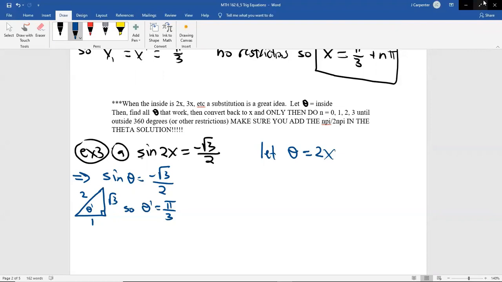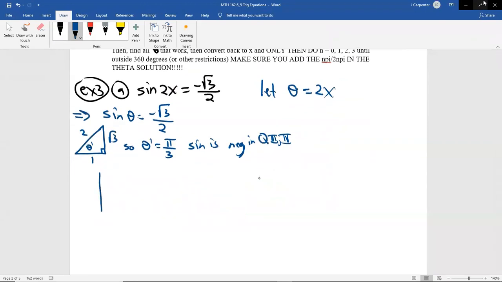So that's our reference angle, but sine is negative here. Let's see, us smart trig class. It's positive in quadrant 1 and positive in quadrant 2, which means it's negative in quadrants 3 and 4. So we need to put our reference angles in quadrant 3 and 4.